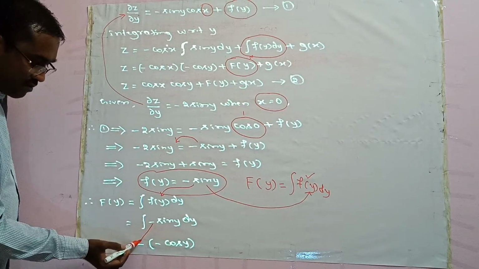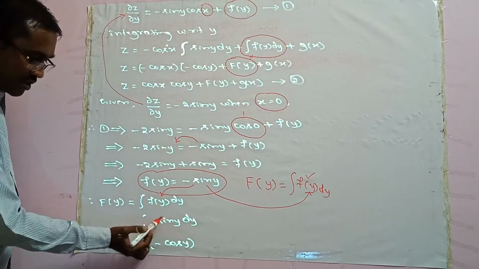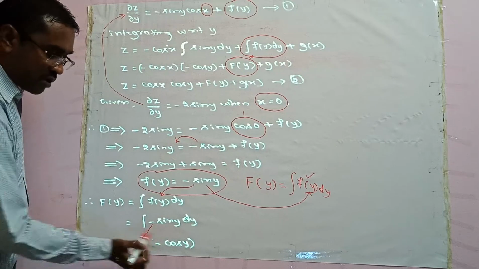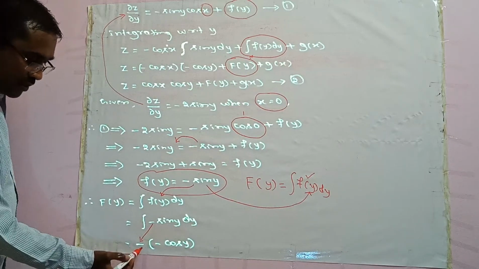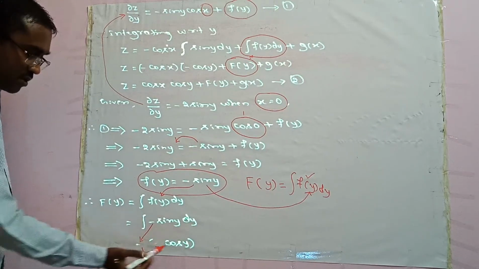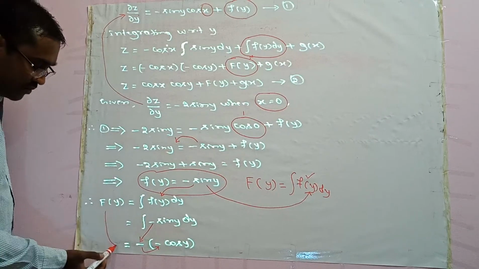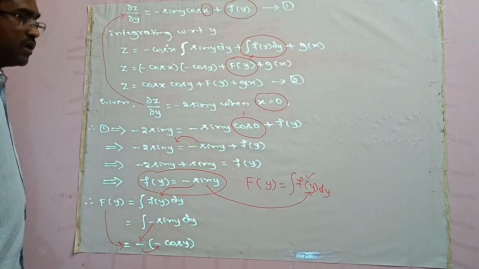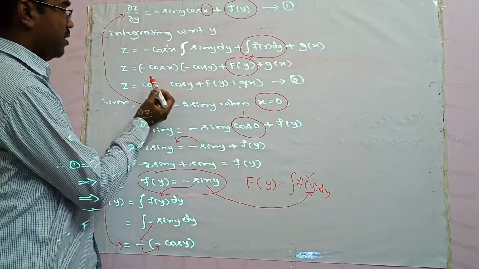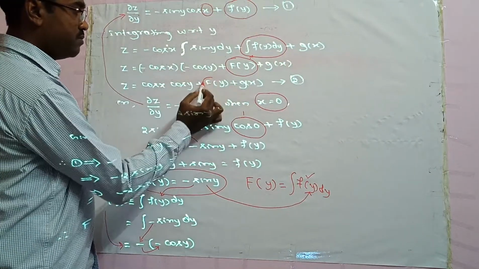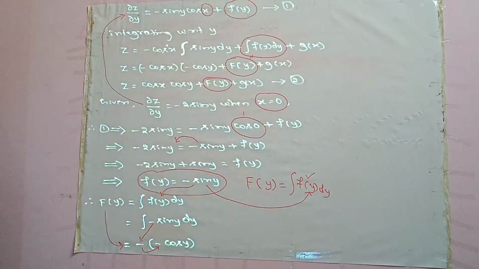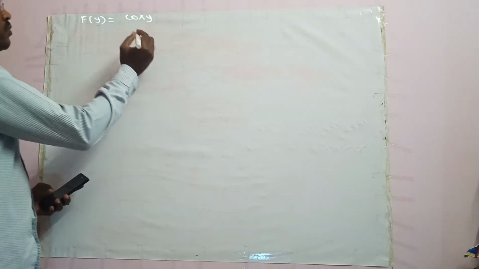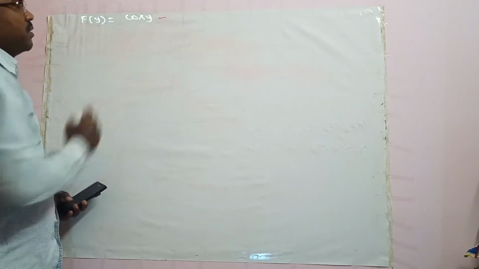Minus as it is. Integration of sin y is minus cos y. Then minus into minus gives plus cos y. So we got capital F of y value as cos y. That we will replace here.